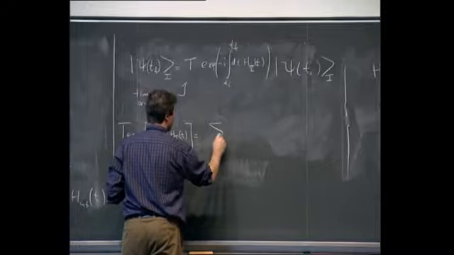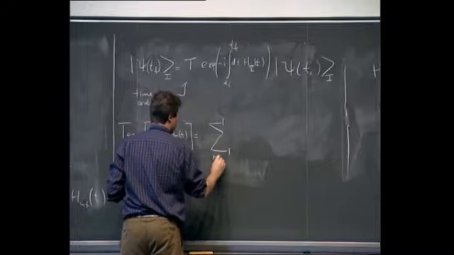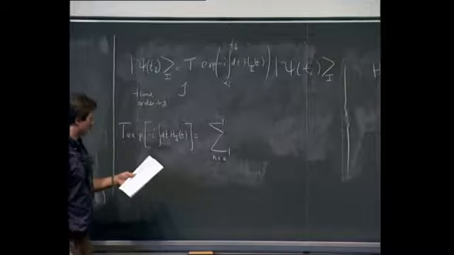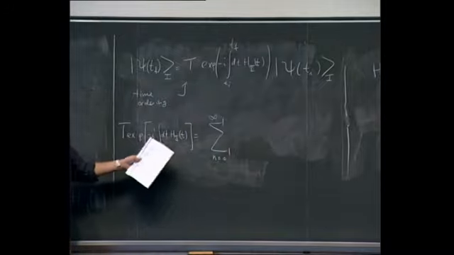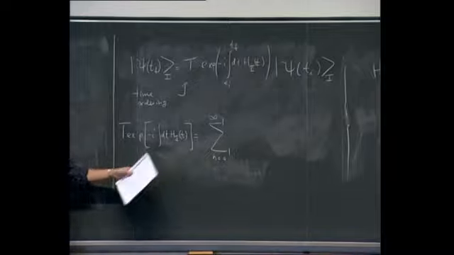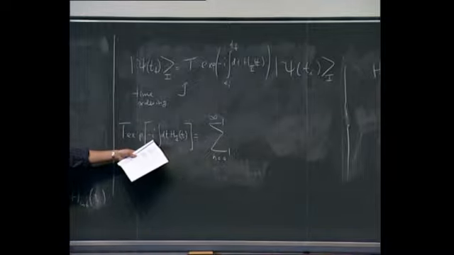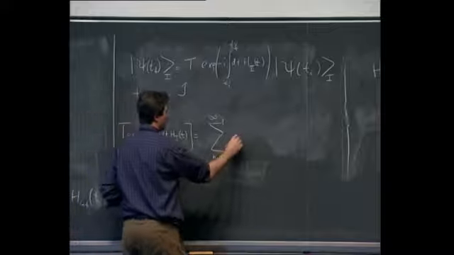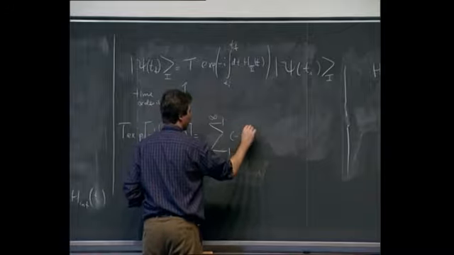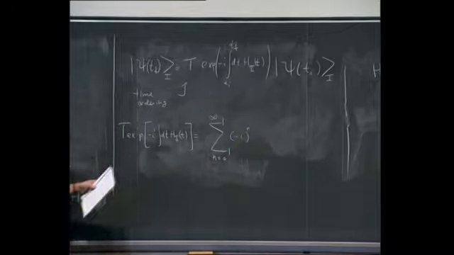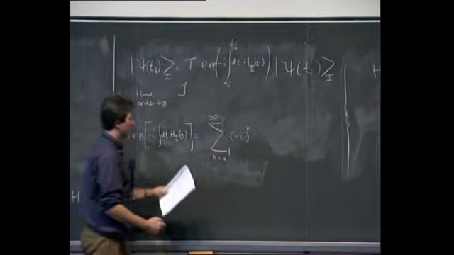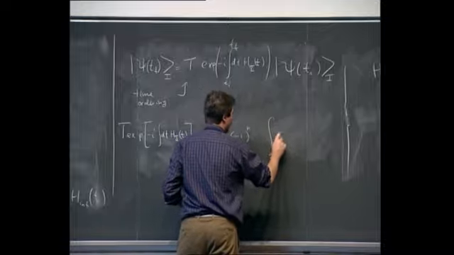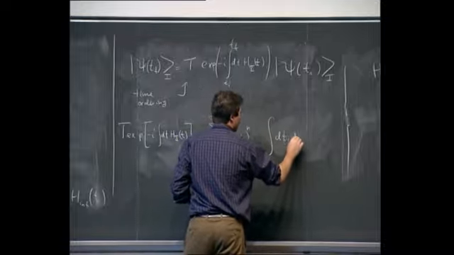We know how to expand exponentials, so I'm going to write down a sum of the exponential in the usual expansion. And so I'll get a minus i to the power n. Usually I have a 1 over n factorial. I'll actually use that in another way by restricting the integrations which I have.